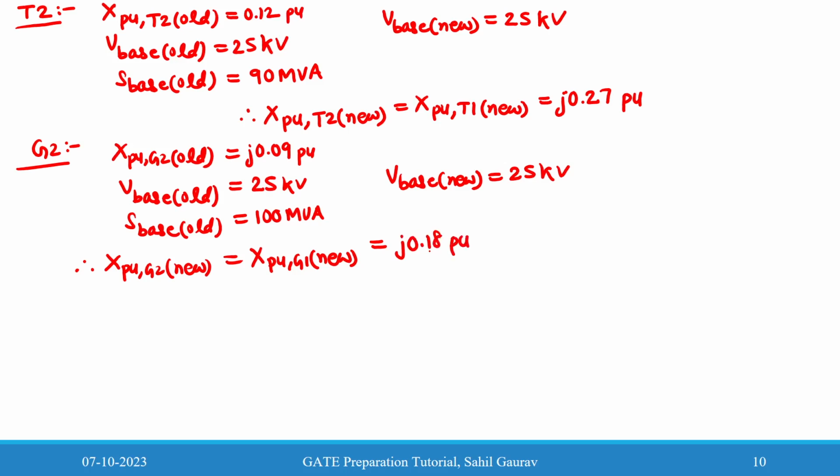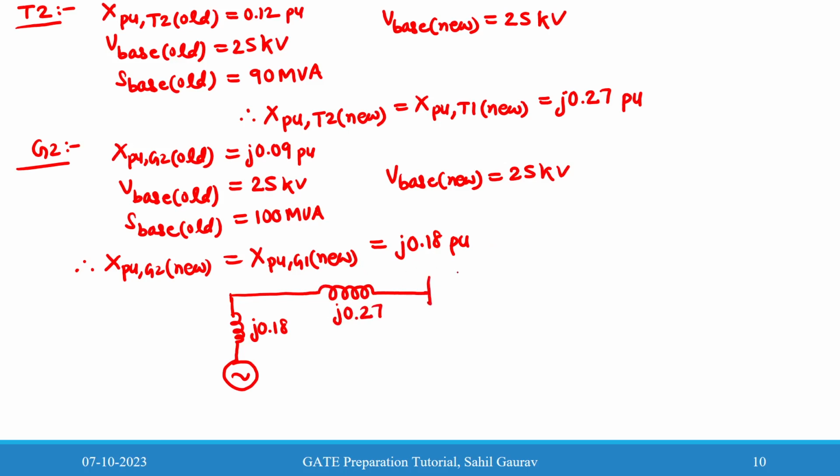Now we will make the equivalent reactance diagram. First, this is the generator 1 voltage. This is the reactance for G1, j0.18, and for the transformer this is j0.27.